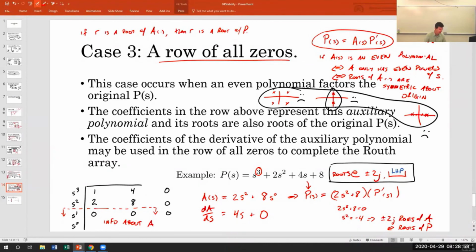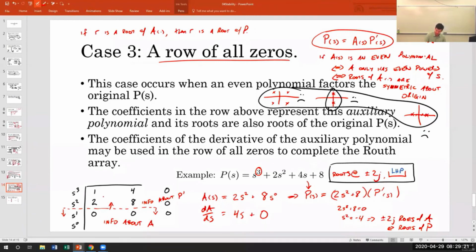We've got the exact root locations. Routh-Hurwitz isn't going to give us anything more. So that's why I turned my attention to looking above this line. And everything above this line is going to tell me info about P prime. Yeah, the remainder after I factor out A.